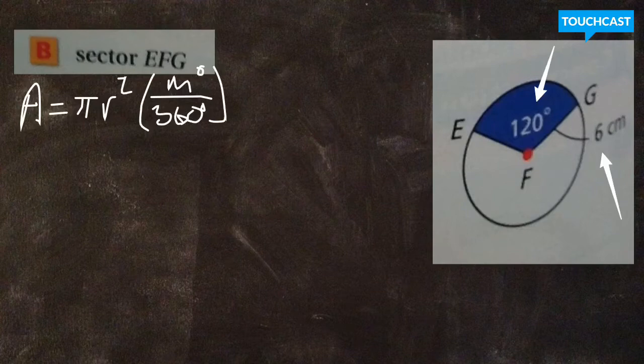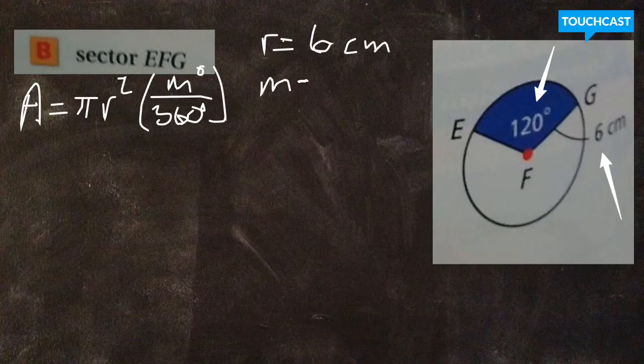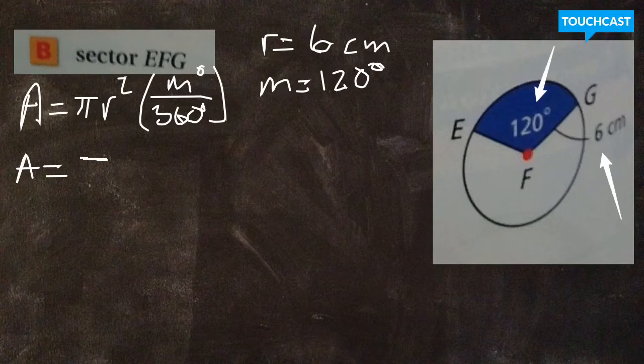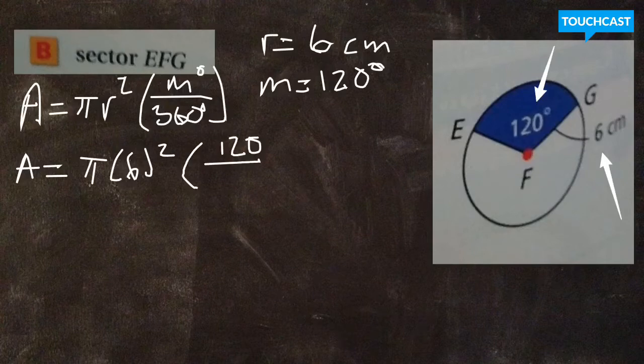Alright, so we know R is 6 centimeters and M is 120 degrees. So let's substitute those two values into our formula. A is going to equal pi times 6 to the power of 2 times 120 over 360.